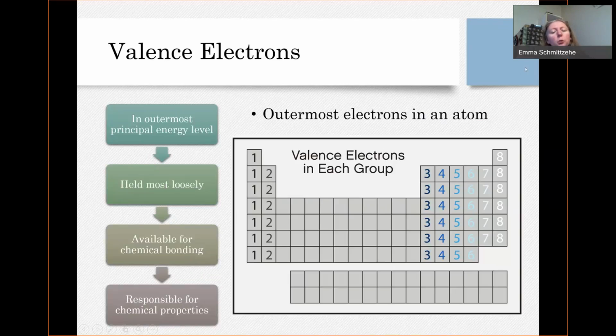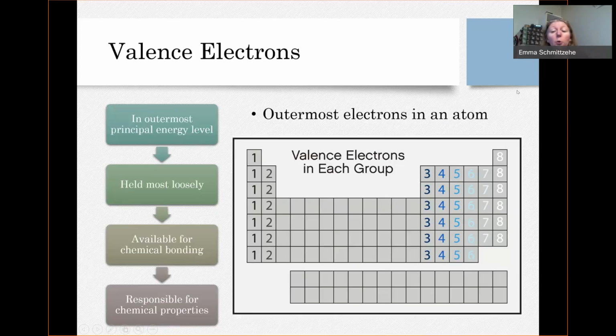If they're in group 1, an alkali metal, they have one valence electron. If in group 2, an alkaline earth metal, they have 2 valence electrons. Then the third group has 3, the fourth has 4, and so on, all the way over to the noble gases, which have 8 valence electrons.